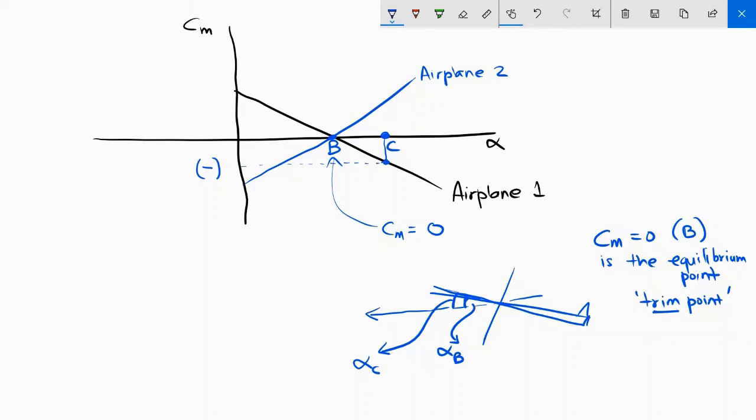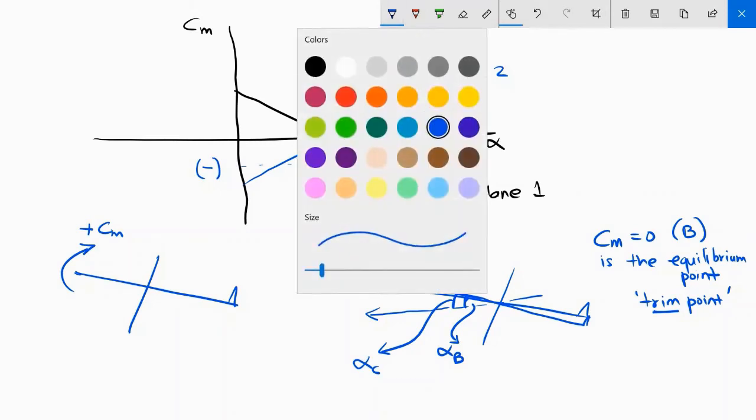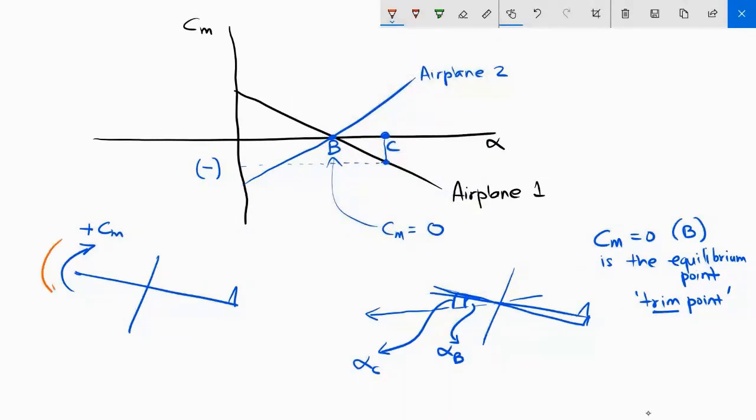Negative moment coefficient means the moment which is trying to rotate the aircraft downward. So it is trying to decrease the pitch angle. If this is the aircraft, pitch up is positive moment. Pitch down is negative moment.